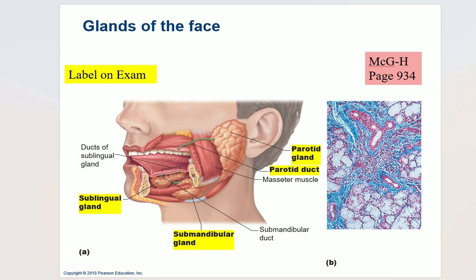Parotid gland, mumps. Anyways, mumps cause the parotid gland to swell so bad, it causes the person to look like an actual chipmunk. So that's how you can remember the location of the parotid gland. Parotid gland, mumps, chipmunk.